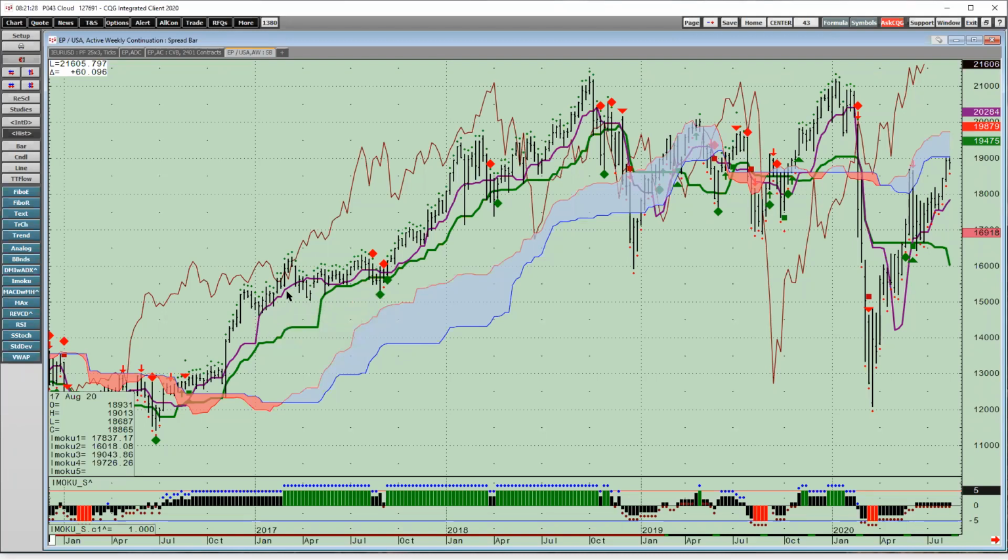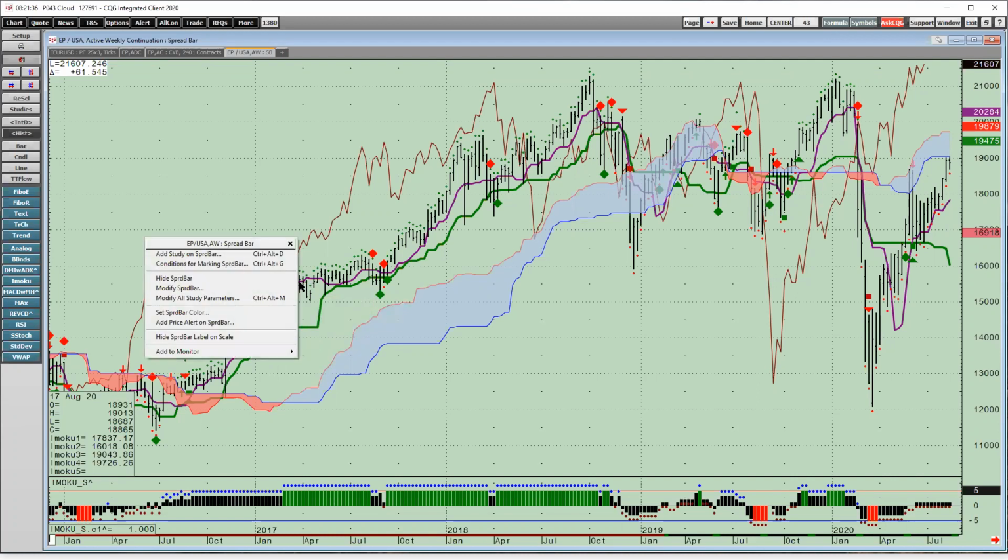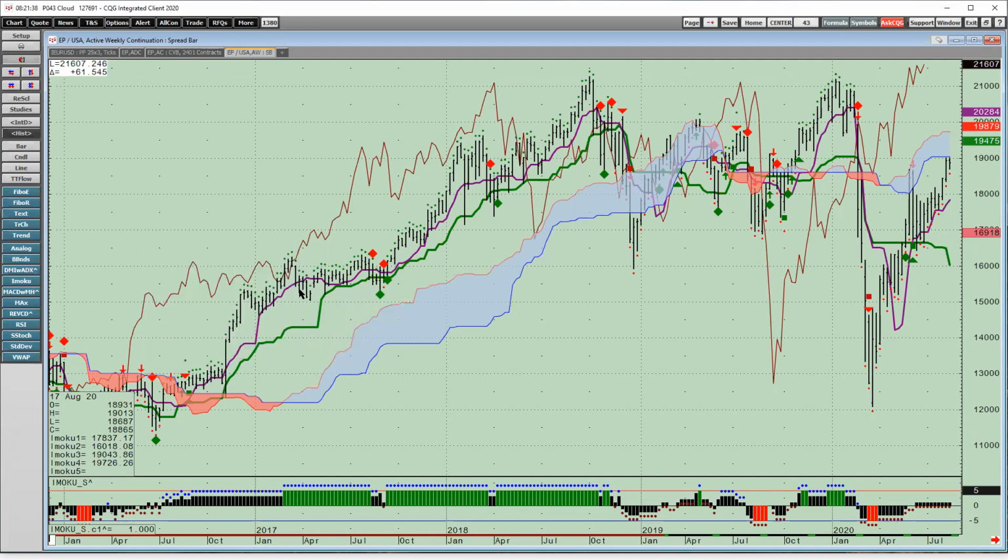This would be your quickest exit. And again, you could say 10 ticks below it. And remember, you're looking at closes here, so you would have the end of the day. And you could go there. You could also use the green line. And again, you can see because we're marking it, when you got a red diamond, you actually closed below the green line. You would have been out here.